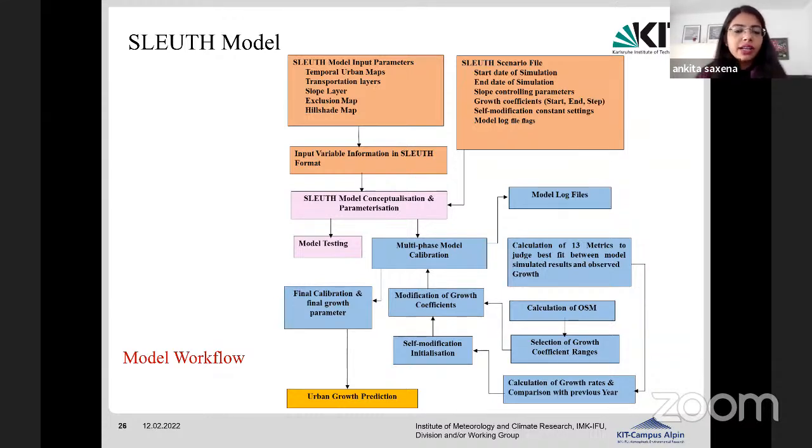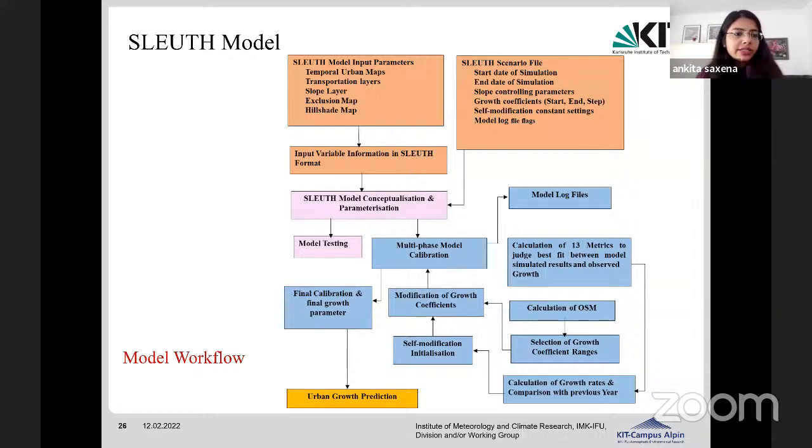Calibration is nothing but fitting the historical maps with the modeled outcomes using statistical measures. There are more than 13 metrics, which compute the least square regression between modeled urbanization and historic urbanization in terms of urban edges, urban clusters, areas, and so on.